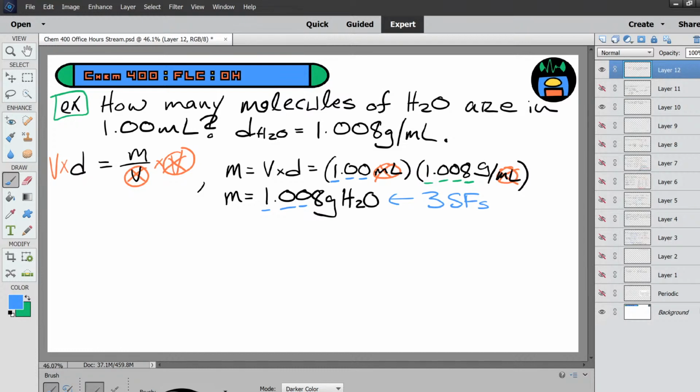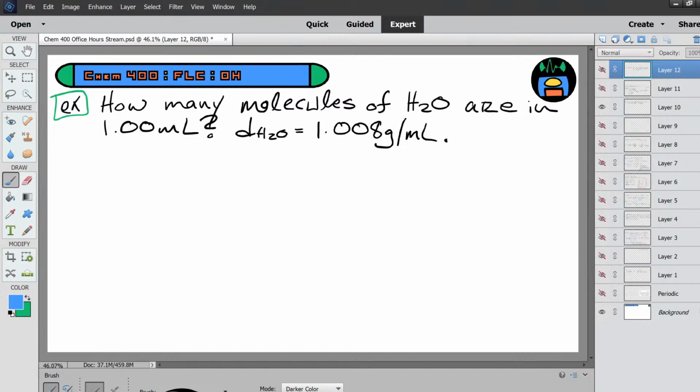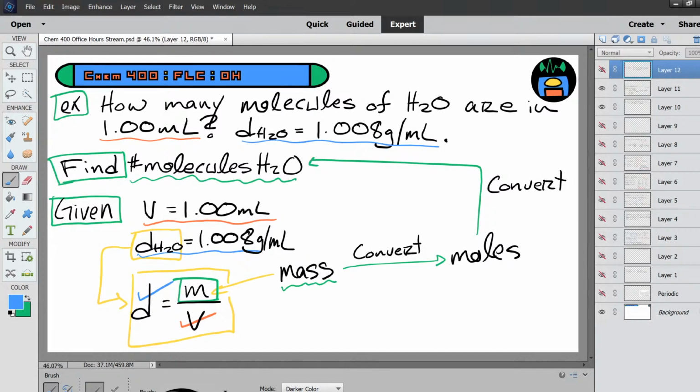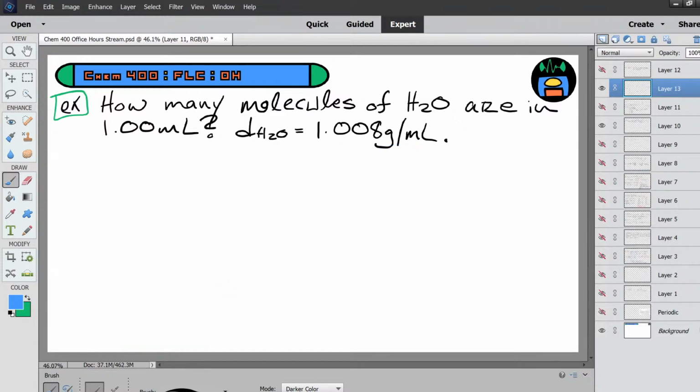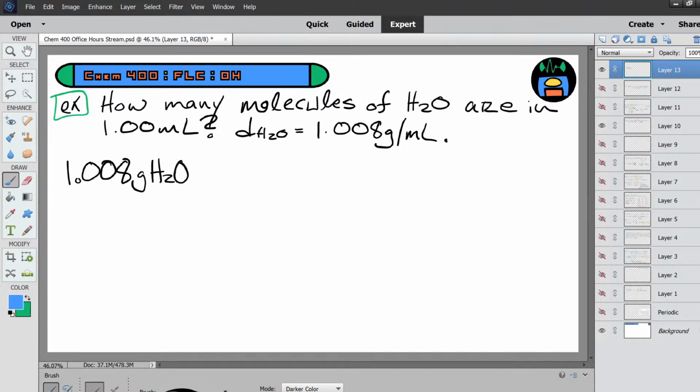Now that we know our mass, remember our game plan. We've found our mass, and now it's time to do our 2-step conversion to get from mass to moles and then from moles to molecules. So we have 1.008 grams of water, but remember, only 3 sig figs.